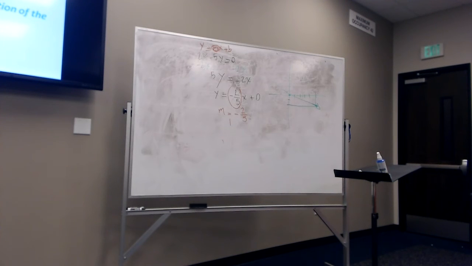Example 2, page 395. It gives us two equations: x plus 2y is equal to 2, x minus 2y is equal to 6.